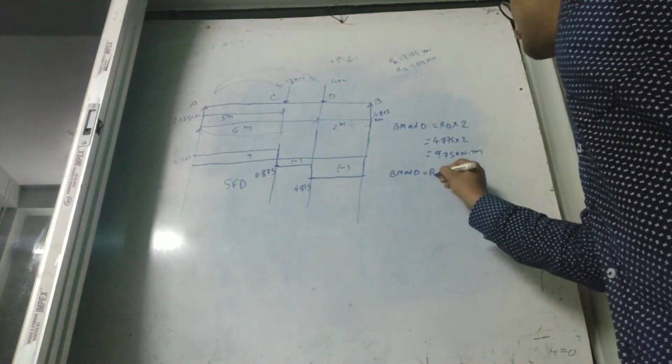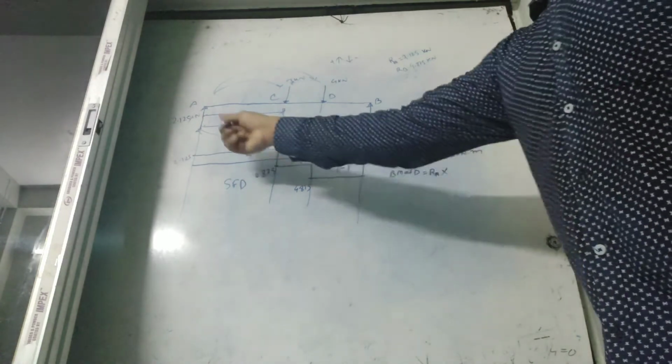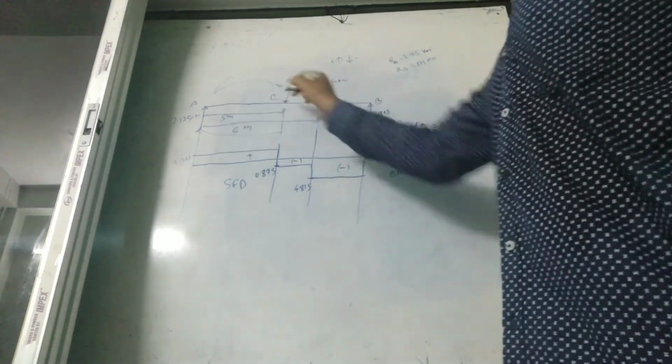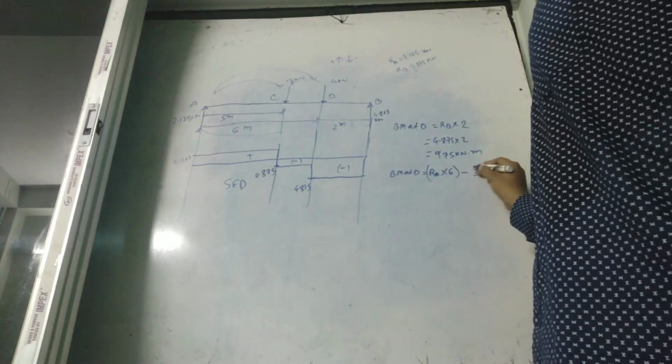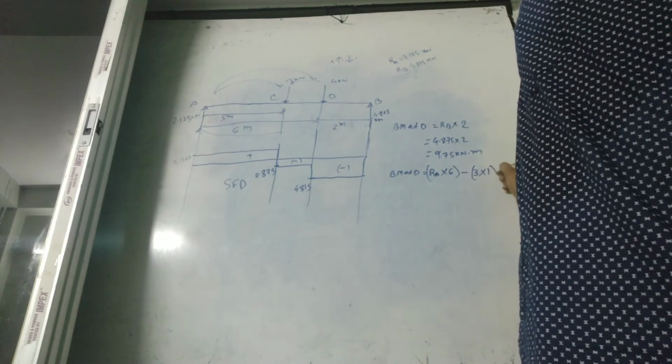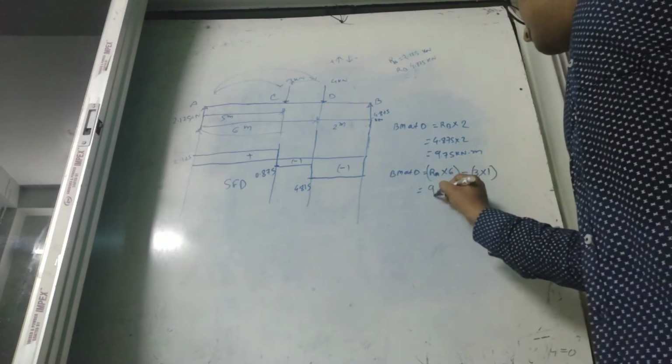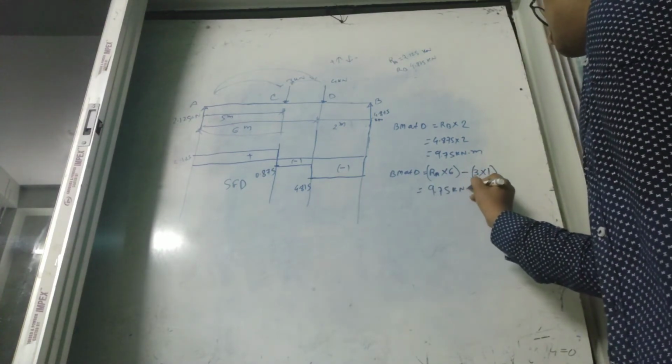Then RA into 6 minus 3 kilonewton into 1 meter. So RA is 2.125 into 6 minus 3, 9.75 kilonewton meter.